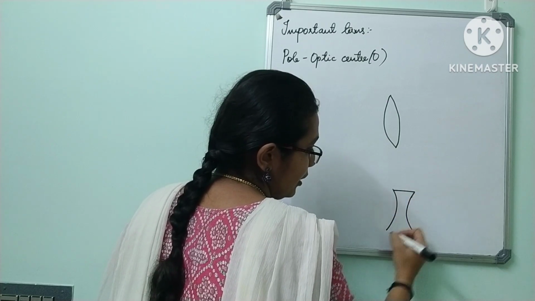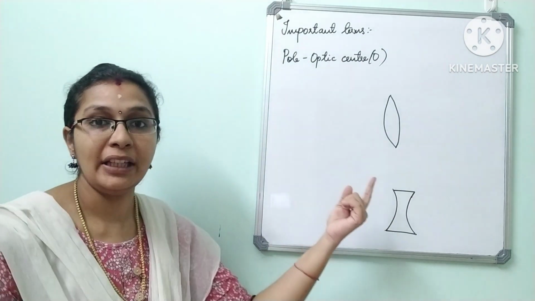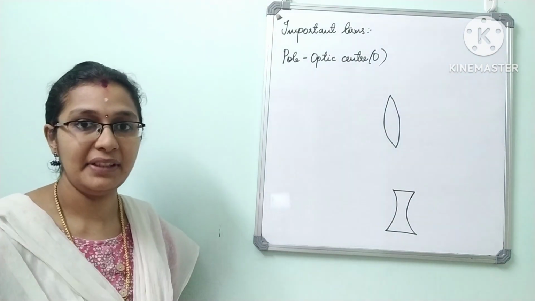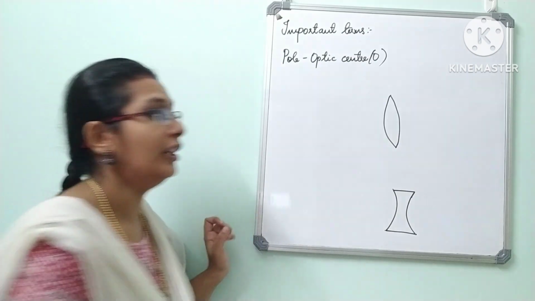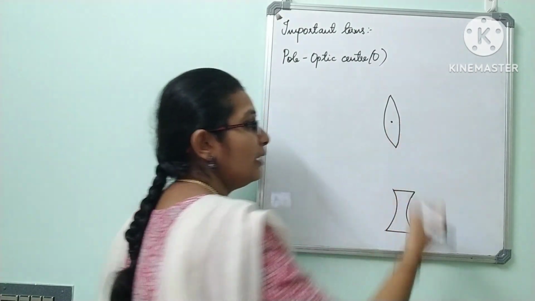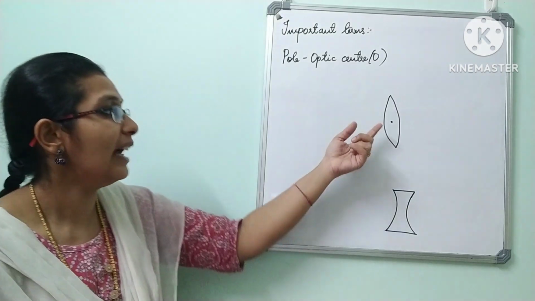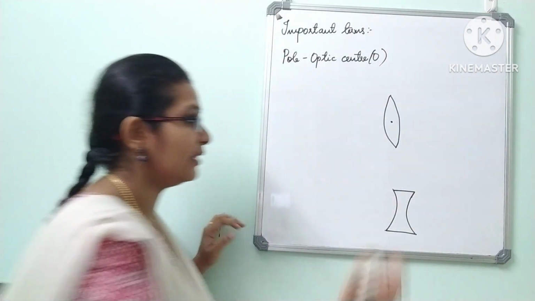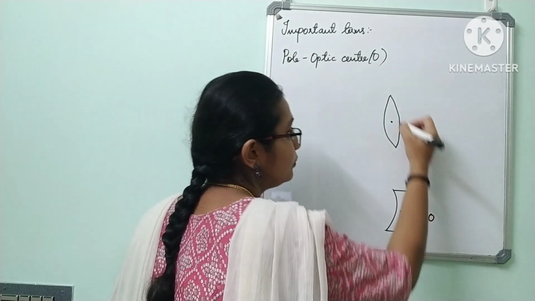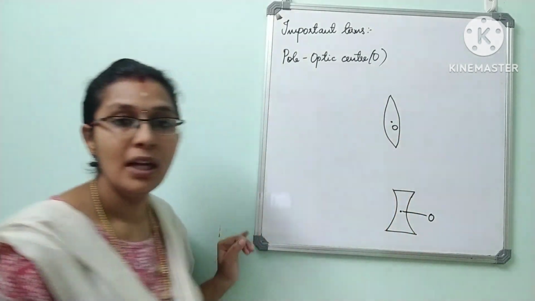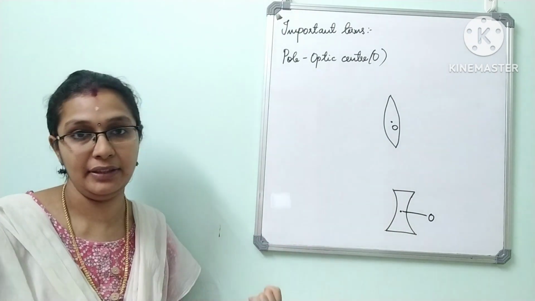Here O is nothing but the center point of the reflecting surfaces. Yes or no? Here instead, we say the center point of the two surfaces which are part of spheres. That is called the optic center. So the optic center is here, O. Understood? This is a convex lens and this is a concave lens.